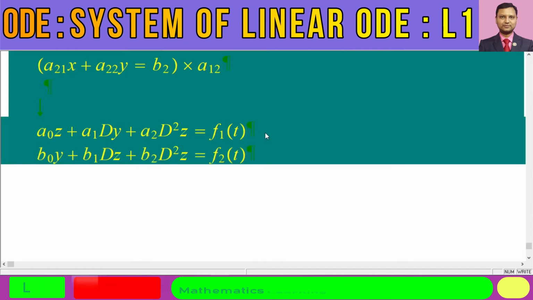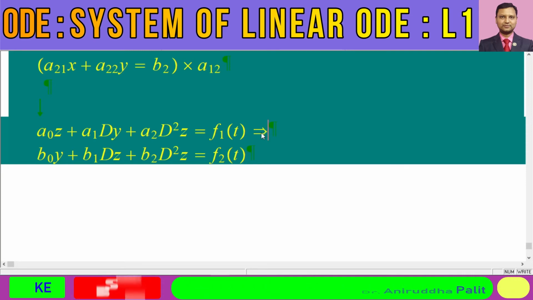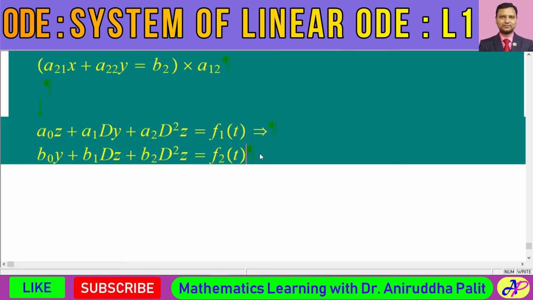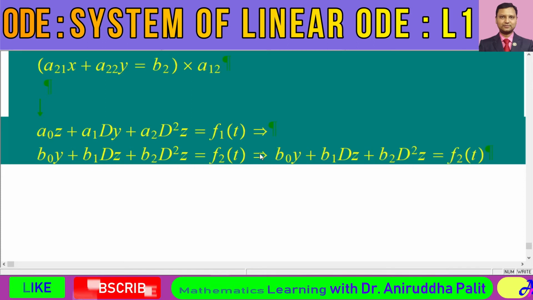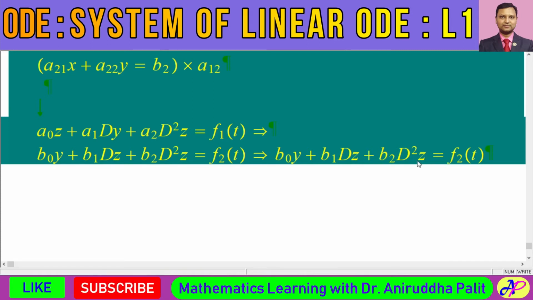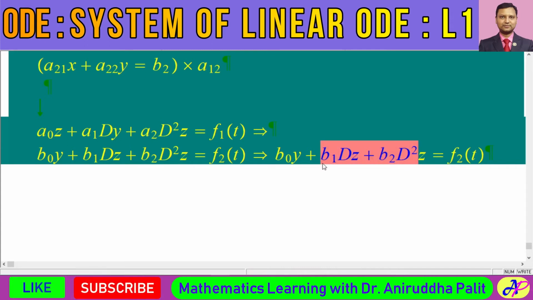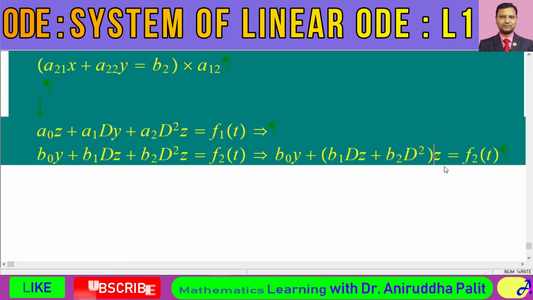So these are the equations, and we shall write these equations in this way. Over here you see z is a dependent variable, and it may look a bit peculiar, but it is perfectly mathematically valid. We shall write it in this fashion.